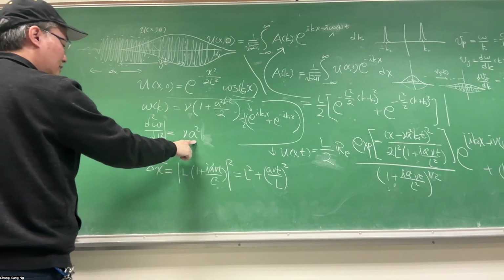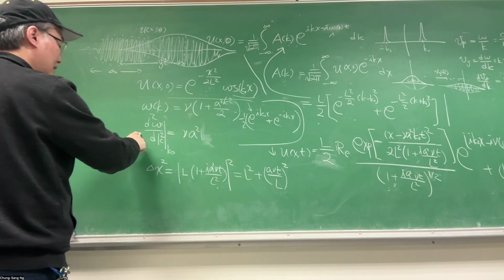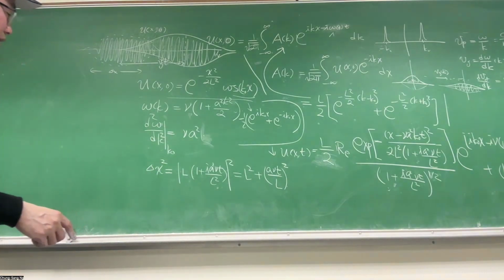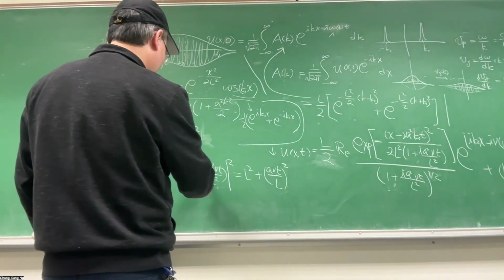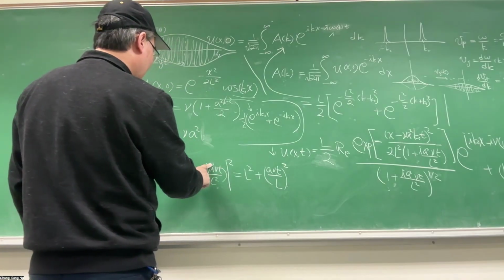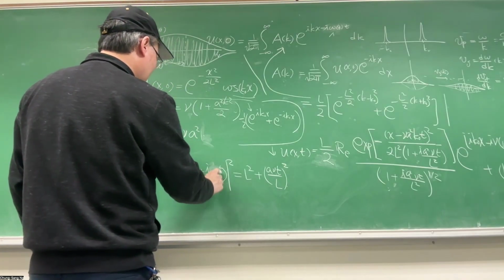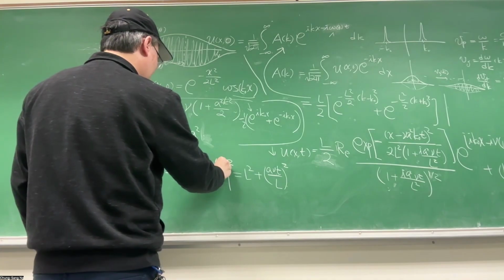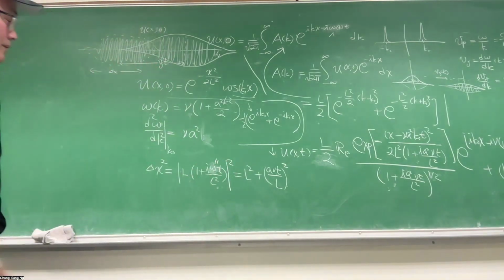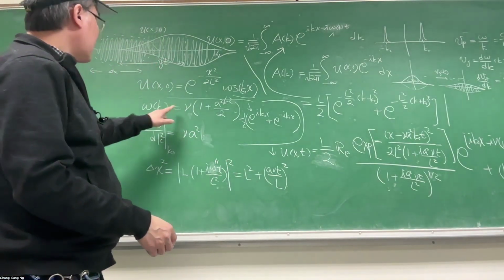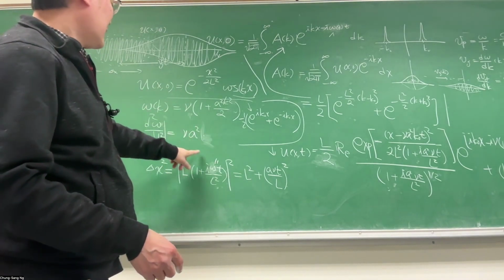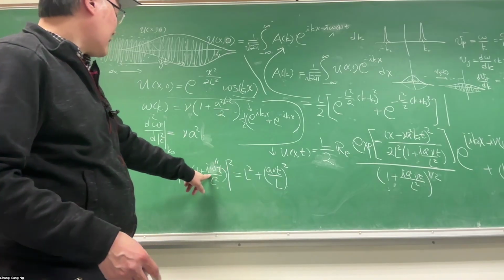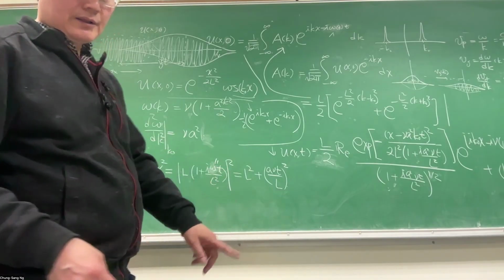So mu a square is actually the double derivative, d square omega dk square. You are not using this model but an arbitrary omega as a function of k, whatever goes in here is omega double prime.